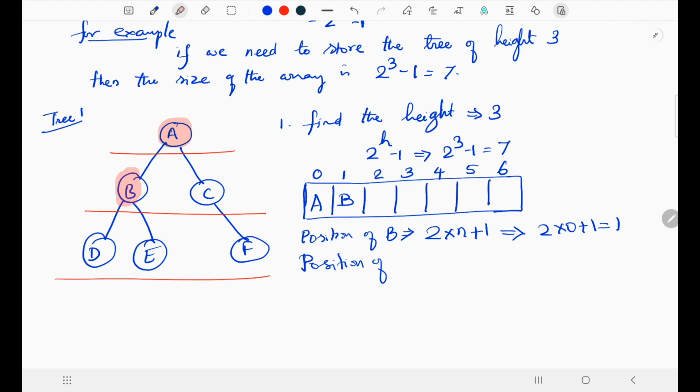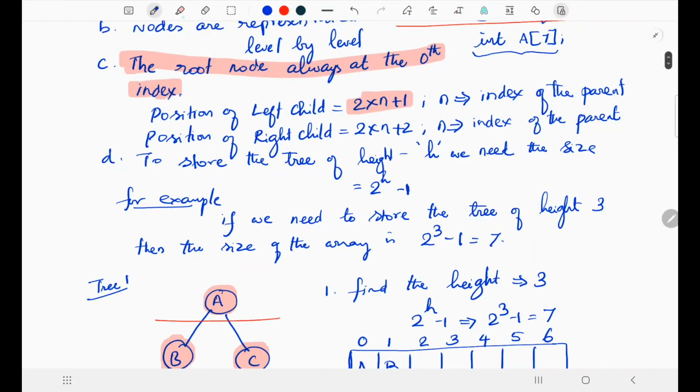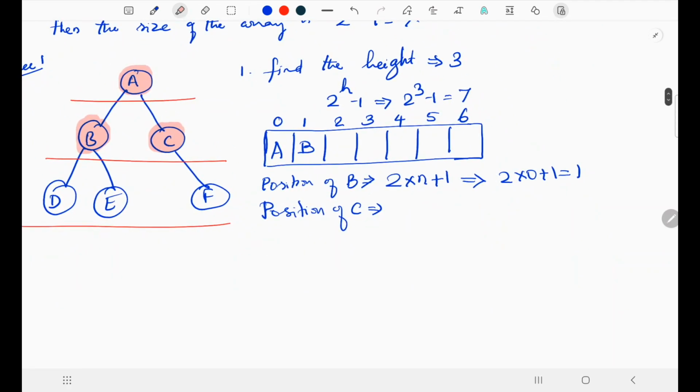Now the position of C. C is the right child. What is the formula for right child? 2n plus 2, right? So position of C will be 2n plus 2.